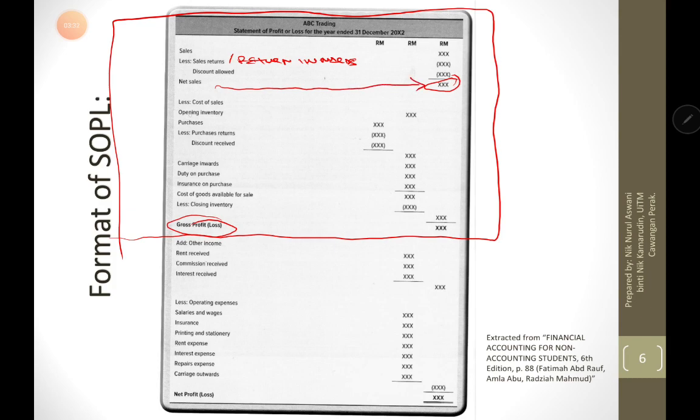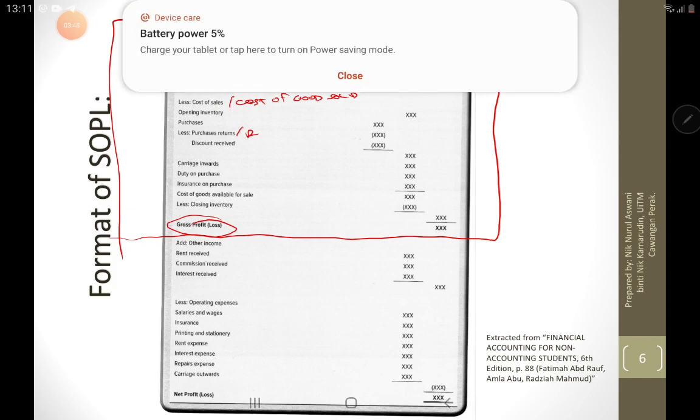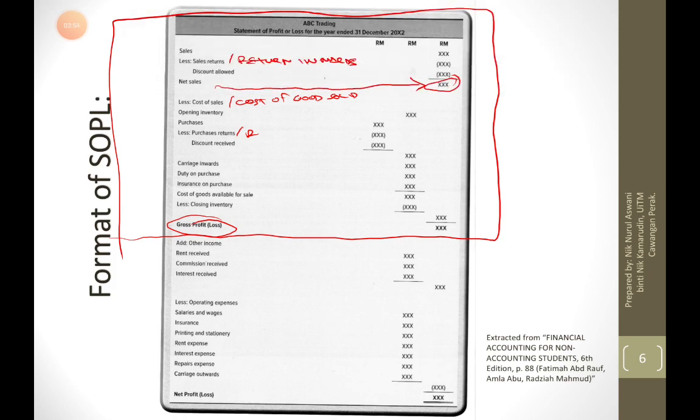Then we find out the cost of sales, also known as cost of goods sold. We start with opening inventory, add purchases, less purchases return or return outwards.